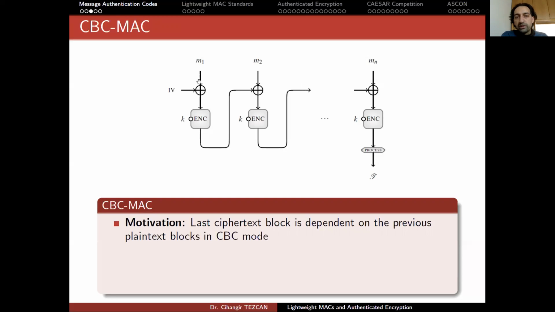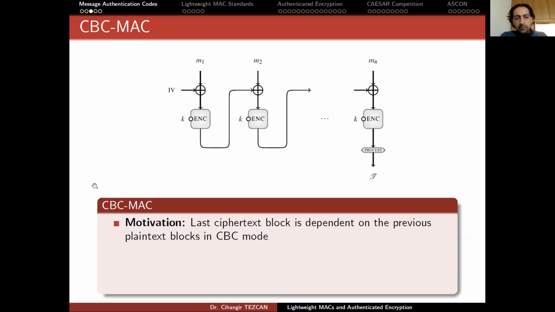You perform these operations until you fit the whole message to this algorithm. And at the end, you perform a final process and produce a tag. So when you're sending the message, you're sending this plain text together with this tag so that anybody who's receiving this message, if they know the secret key, they can perform the same operation and check if the tags match.